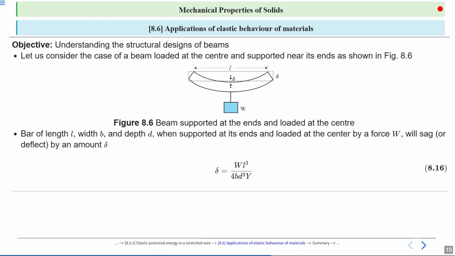Alright, the formula shown: delta is equal to W times L cubed divided by 4 B D cubed times Y. And this formula tells us how much the bar will sag. In this formula, W is the load in newtons, L is the length in meters, B is the width in meters, D is the depth in meters, and Y is Young's modulus in pascals, which measures the stiffness of the material. Alright, so this is a very important formula.